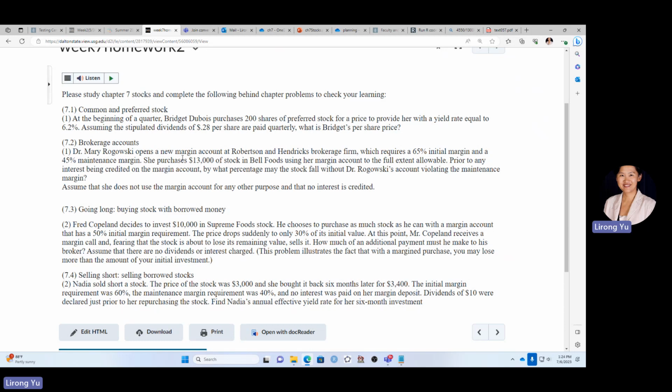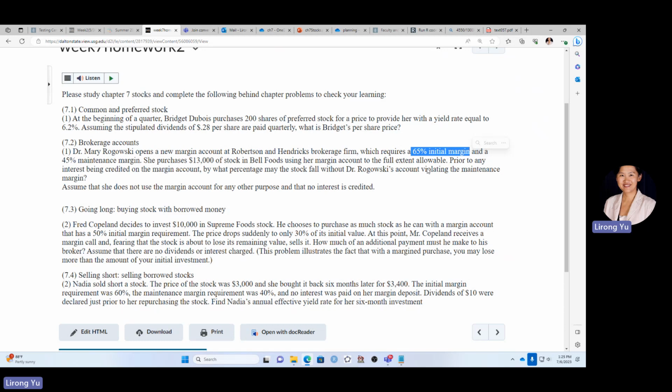But a margin account is different. A margin account is kind of like a loan. For example, in this question, it says you open a margin account and you buy a certain amount of stock. With a margin account, you are able to pay for 65% of the initial price, or another way, you keep a balance of 65% of the original price.